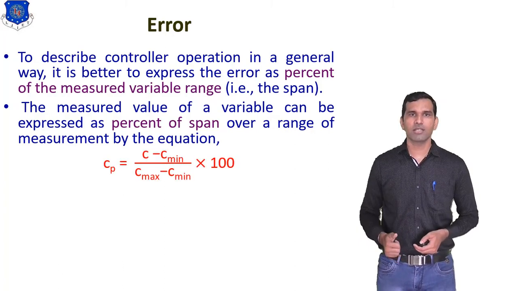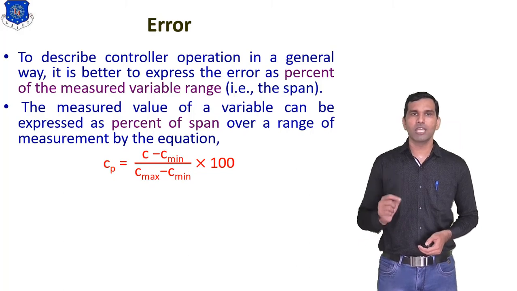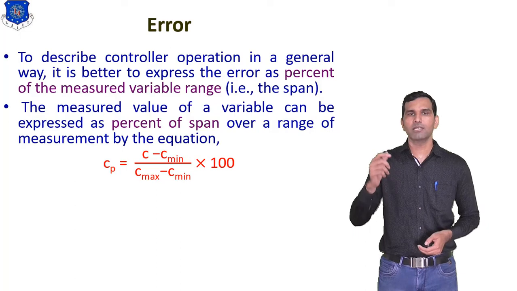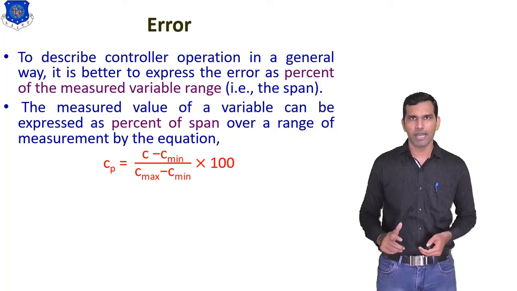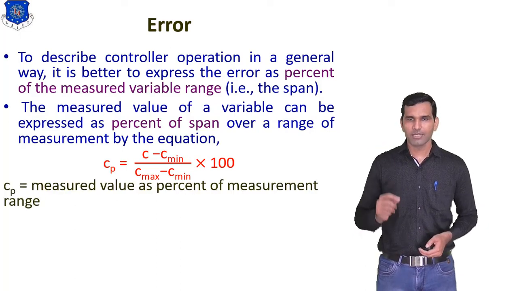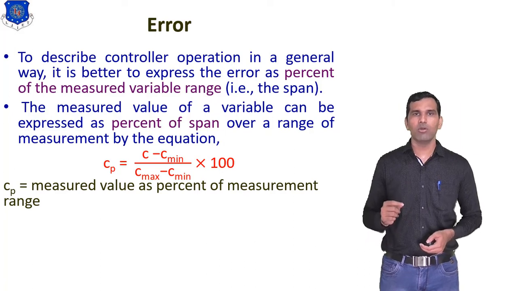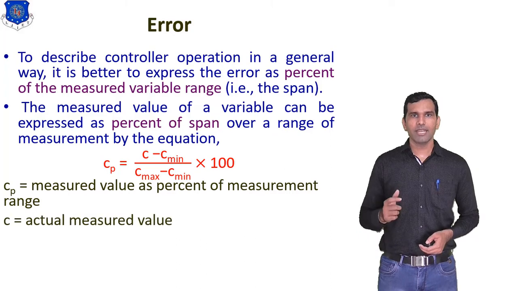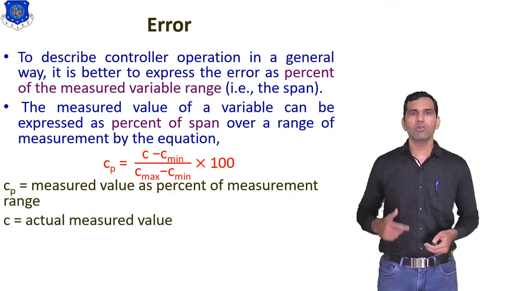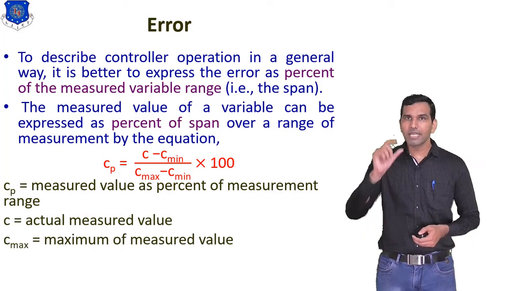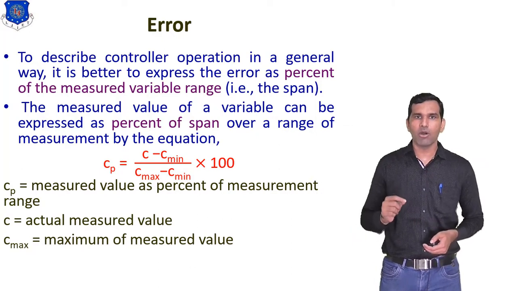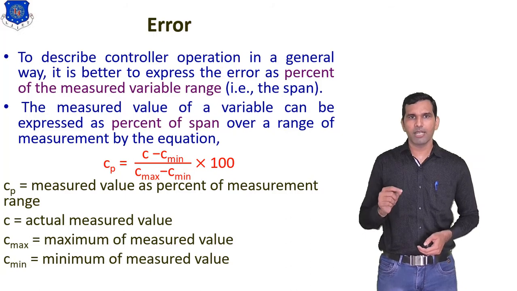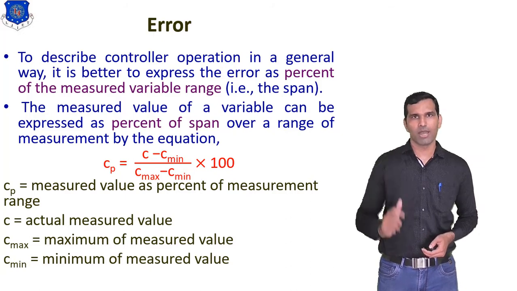So this is the equation: Cp = (C - Cmin) / (Cmax - Cmin) × 100. Here Cp indicates the measured value as percent of measurement range, C indicates the actual measured value, Cmax indicates the maximum of the measured value, and lastly Cmin indicates the minimum of the measured value.